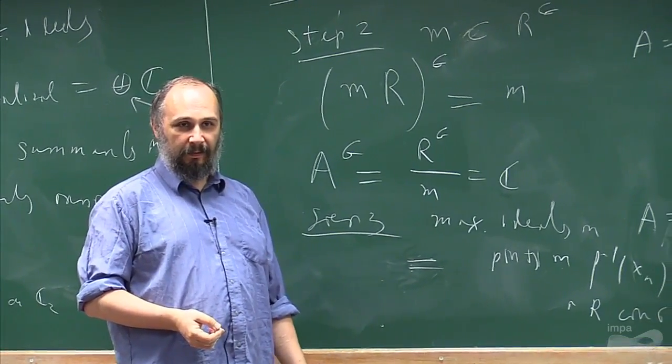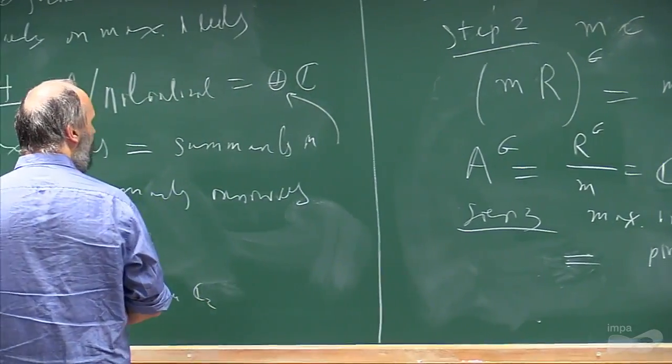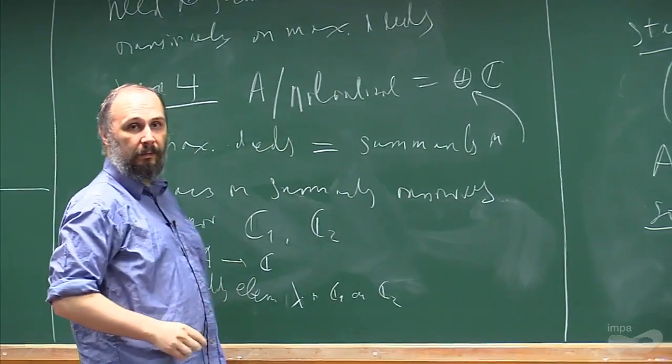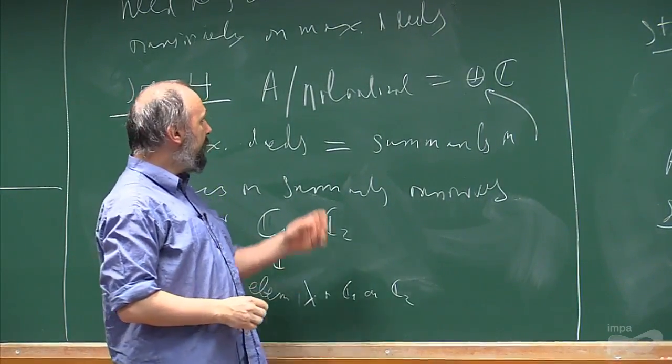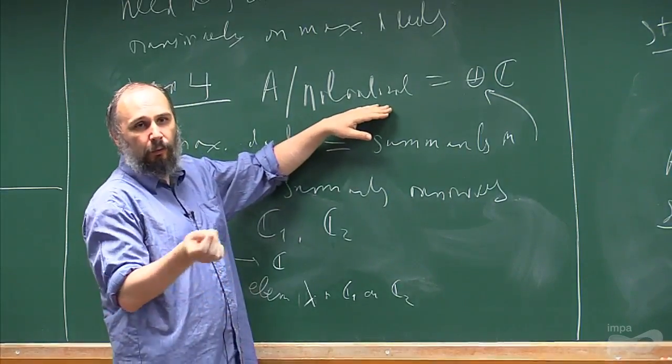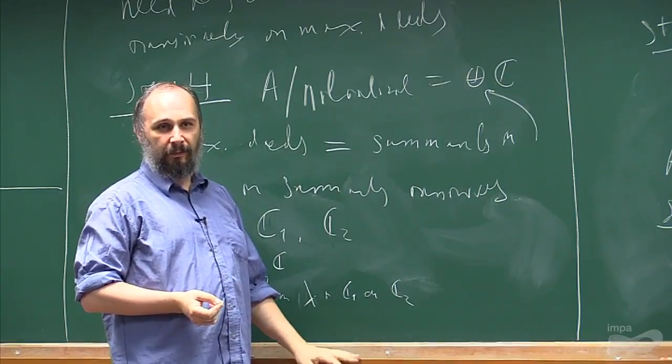So in that step 4, you mean A modulo A^G, by the nil radical? No. The nil radical could be something, could be 0, could be non-zero. We didn't prove it.